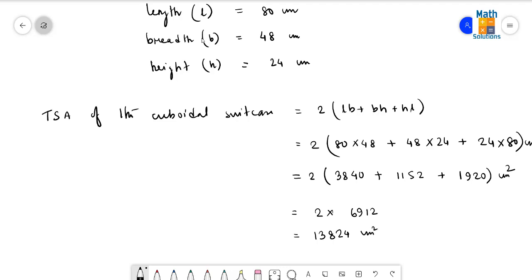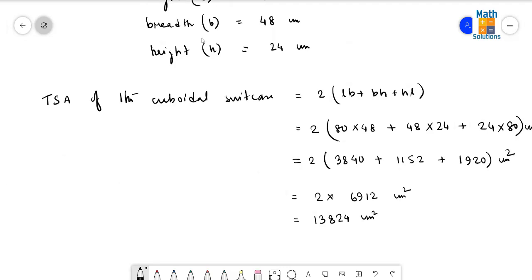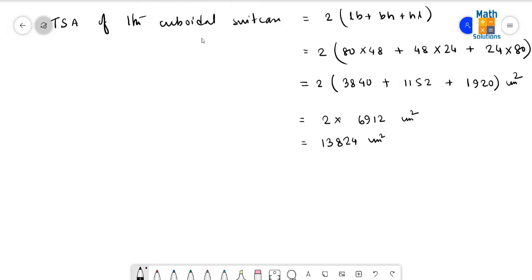13,824 centimeter square. Here also it is centimeter square. So this is the total surface area of the suitcase. Then we are going to cover the whole box by tarpaulin cloth.